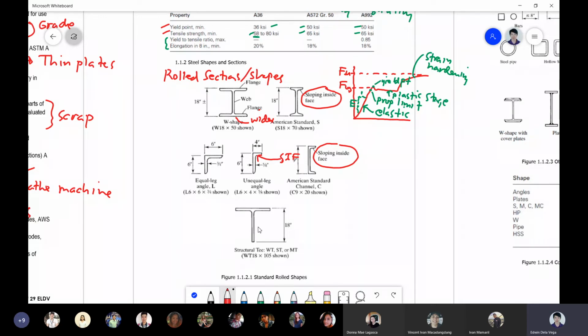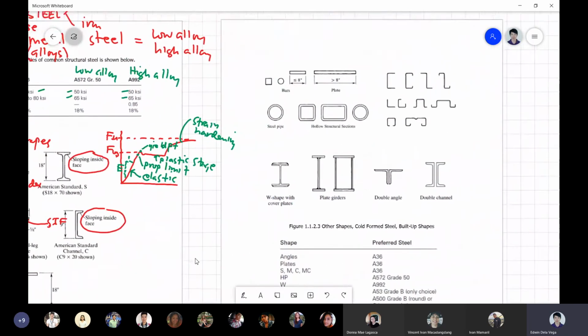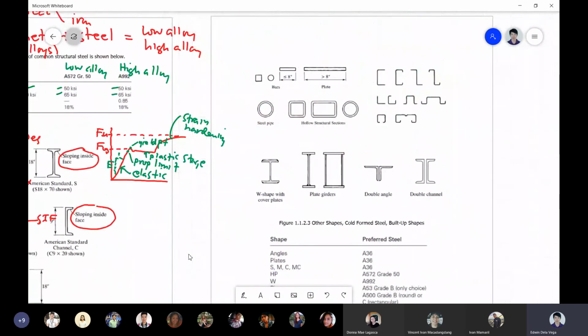Okay, for structural T, normally these are obtained from cut WF shapes. Okay? So if I cut this, it will become a T. Okay? So these are just samples of your rolled shapes. We have also what you call the steel pipe, as I was discussing a while ago, and tubes.